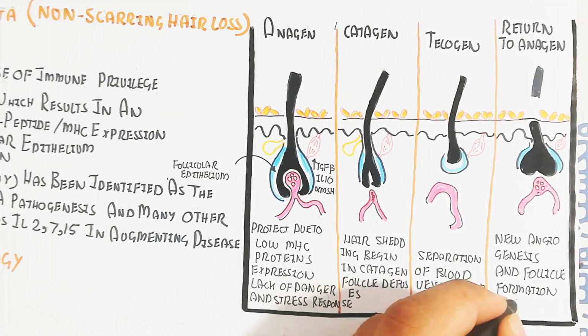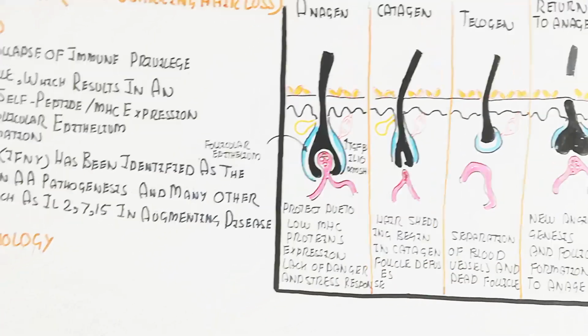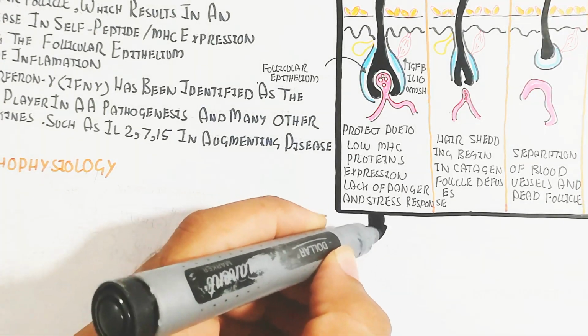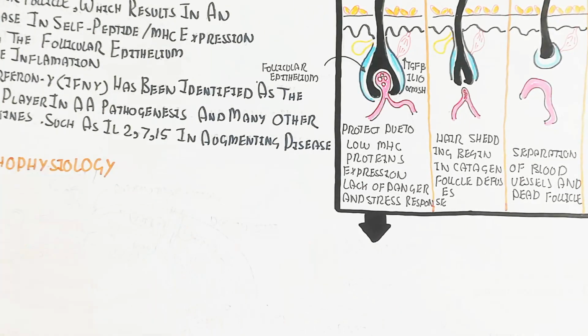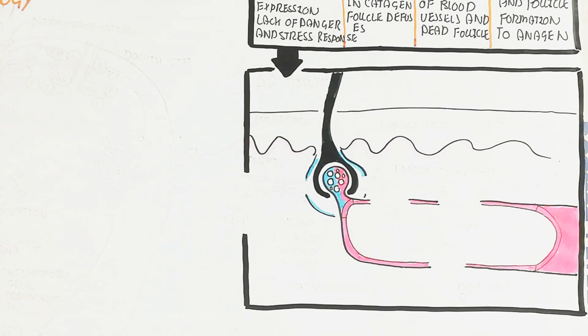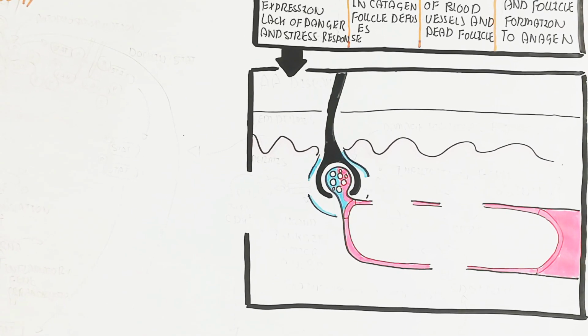Then it returns to anagen, with new angiogenesis and follicle formation in anagen. This is simple information about the development and growth of the hair.